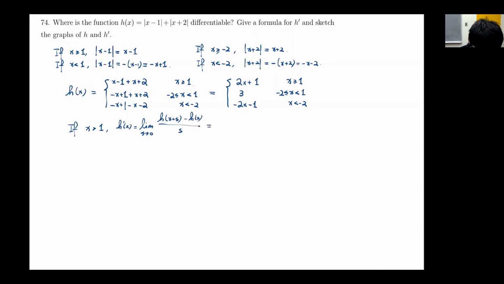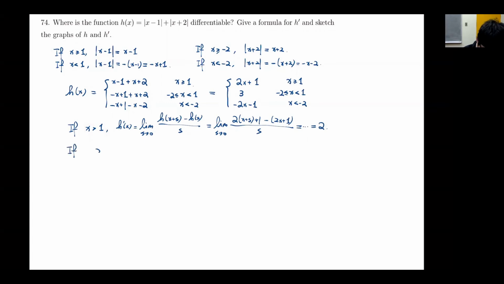Okay, h of x plus s and h of x both come from this formula. So what I will get is 2 times x plus s plus 1 minus 2x plus 1, divided by s. Well, I will leave the algebra to you, and then at the end of the day, what you will get is precisely 2. Okay, so this is what happens for the generic number that's strictly greater than 1. Okay, so now let's look at another generic number.